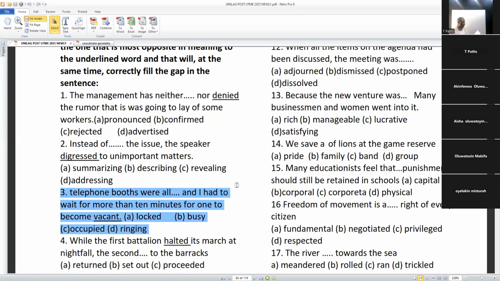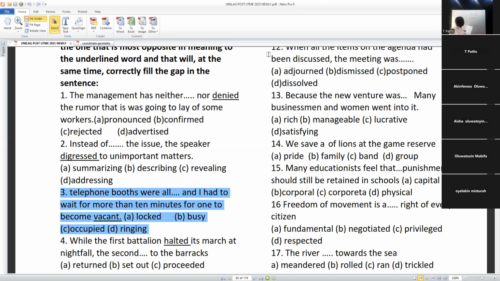Question 3 says that telephone booths were all dashed and I had to wait for more than 10 minutes for one to become vacant. So we are going to determine the opposite of vacant.